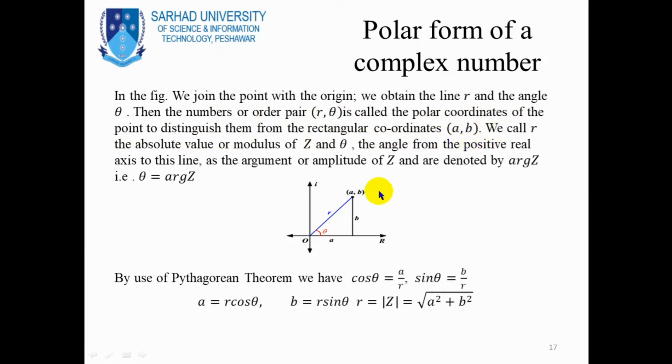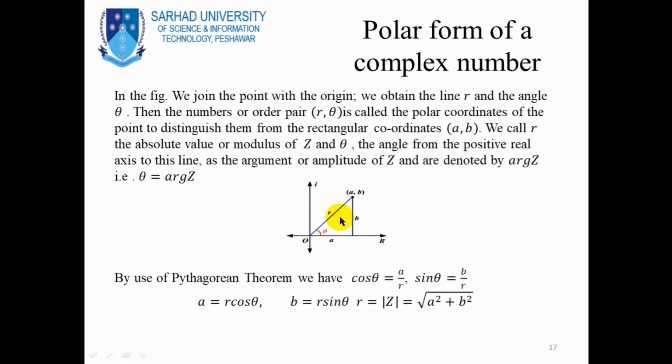And here we convert the complex number from rectangular coordinates to polar coordinates. We call R the absolute value or the modulus of z, and theta is the angle from the positive real axis to this line, is the argument of z, and is denoted by arg z.